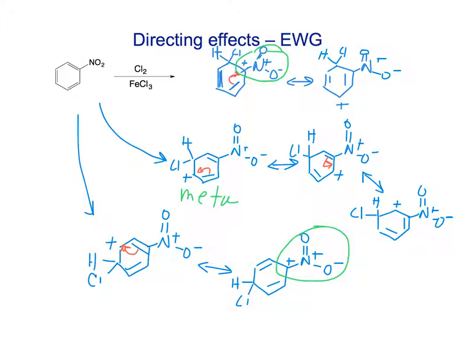But the examples where we have the nitro group right where the plus is are even worse. So this is the worst, the least stable, as is this. So the meta position is the least bad. And so an electron withdrawing group like this will be a meta director.